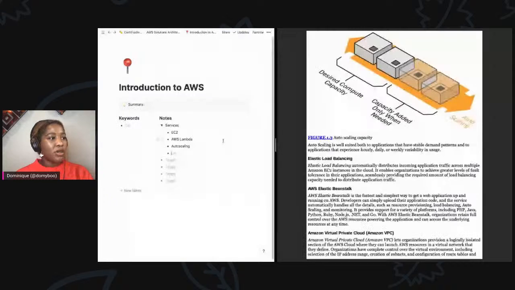So really understanding ELB, elastic load balancing, elastic beanstalk. And I like to write down services, especially if it's a chapter I'm already familiar with, because I don't know all the AWS services. So that way, when I come back and reference this chapter, my studying would be, okay, can I say out loud a definition for each one of these services, or at least understand the basics of each?